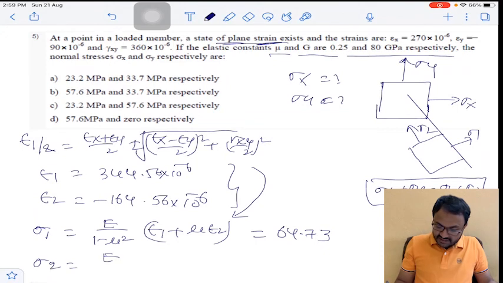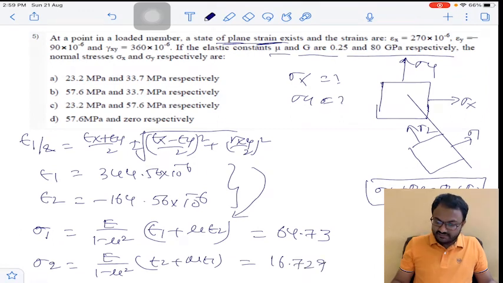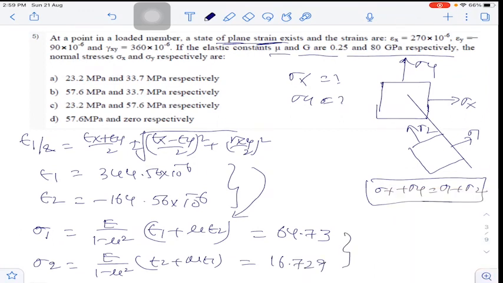Similarly sigma 2 is E by (1 minus mu square) into (E2 plus mu E1), and you will get 16.729. Clear? So the summation of sigma 1 plus sigma 2 you will get is around 81.46.